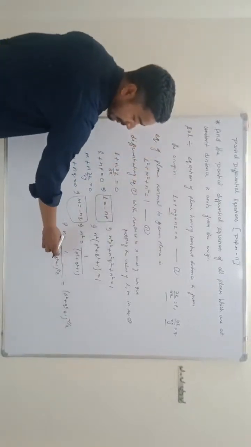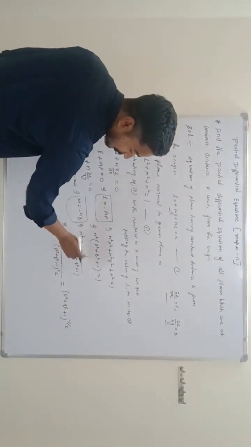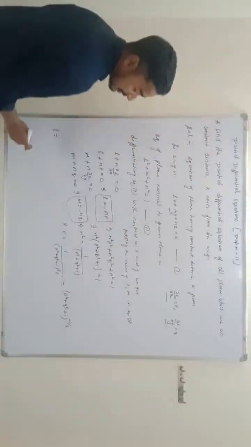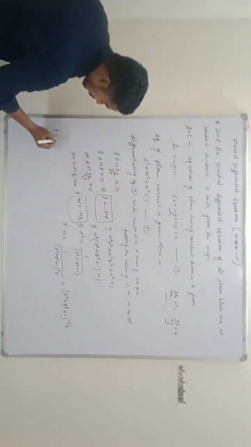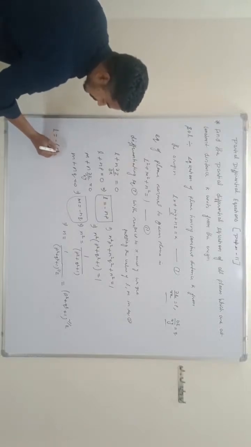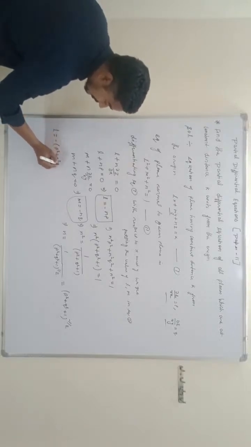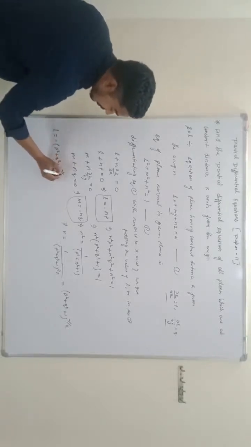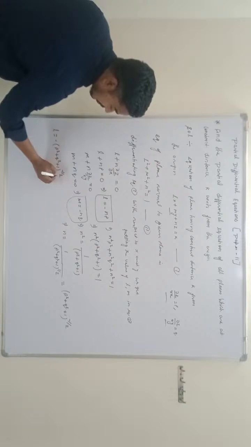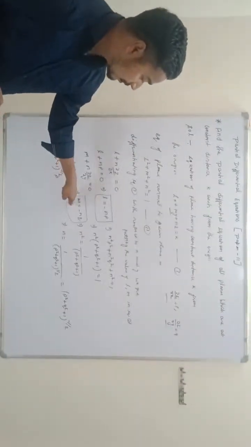Taking (p² + q² + 1) in the numerator, we get the result, and here we have to put the value: this is -(p² + q² + 1)^(-1/2) multiplied by p. We can also put in the value of m.